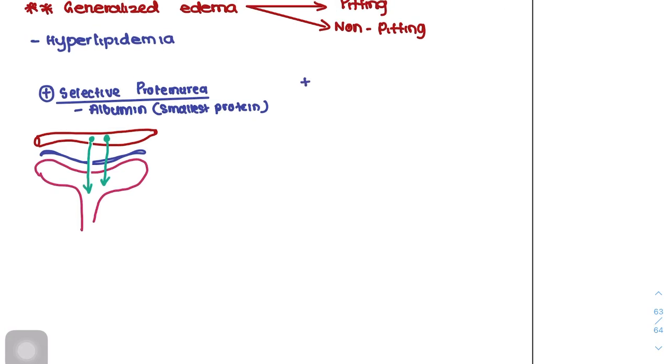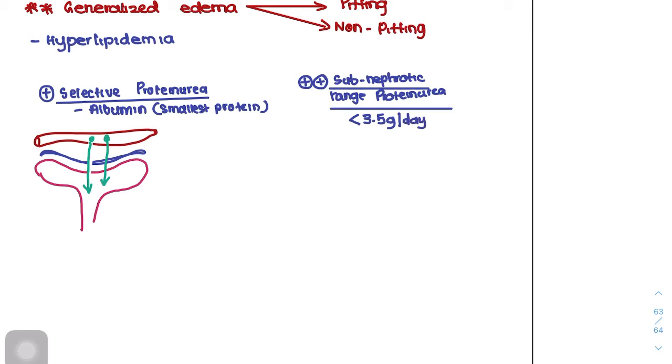So the next stage is more damage to the kidney, but it is called sub-nephrotic range proteinuria. In this situation, not only albumin, the next smaller proteins such as globulins will also start leaving, but it is still not 3.5 grams per day of protein loss.